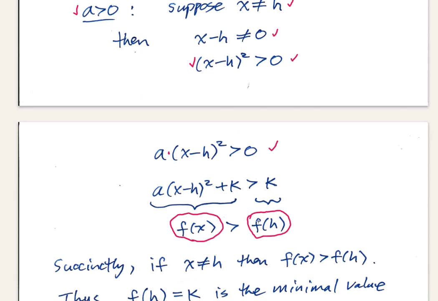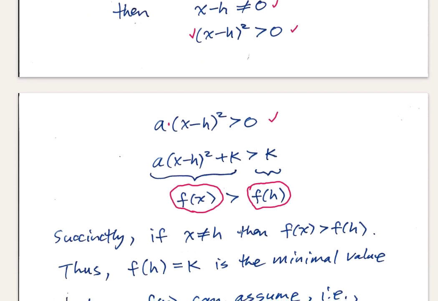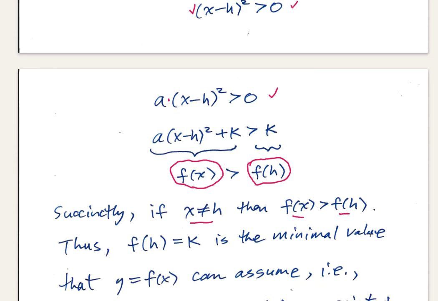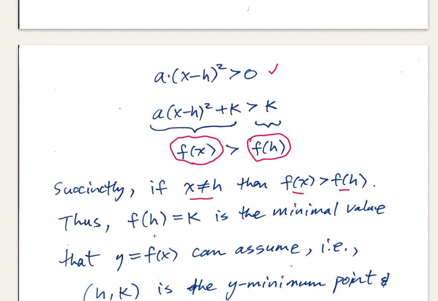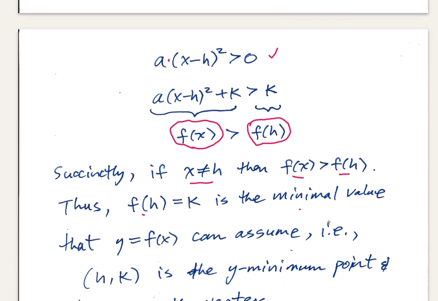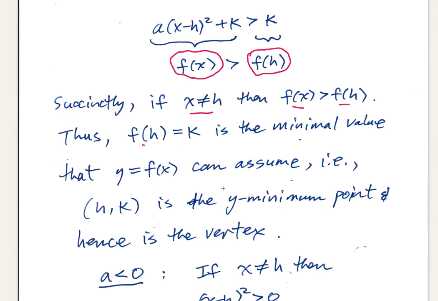So let's put this all together. Now think about it. If x is different than h, then the function at x is greater than the function evaluated at h. What does that mean then? That means that f of h, which is k, is a minimum value that y equals f of x can assume.